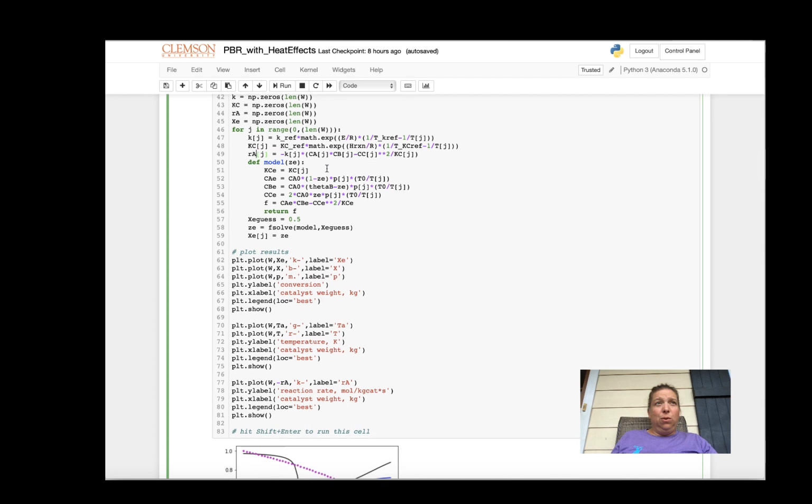From there, I can use that information to calculate the equilibrium conversion. To do that, I could write that out algebraically, since I know the reaction rate is equal to 0 at equilibrium, and I know the equilibrium constant, and I have expressions for the different concentrations as a function of conversion.